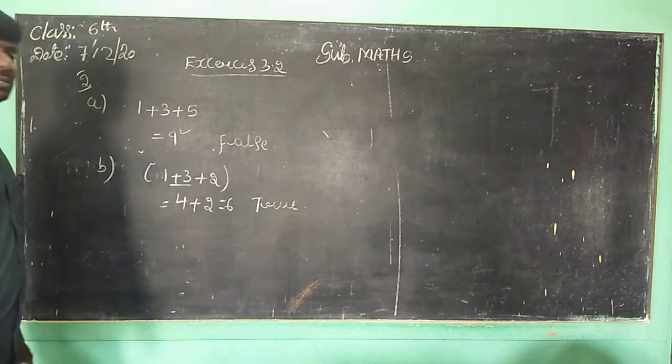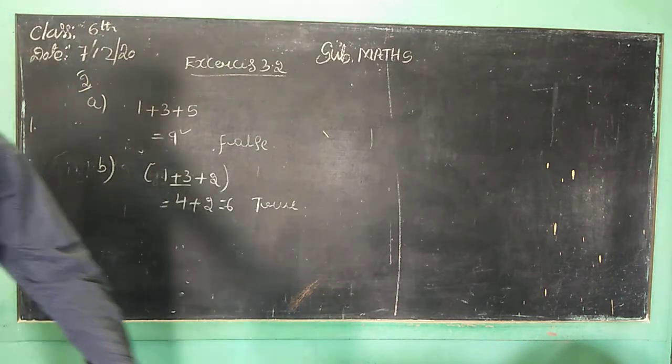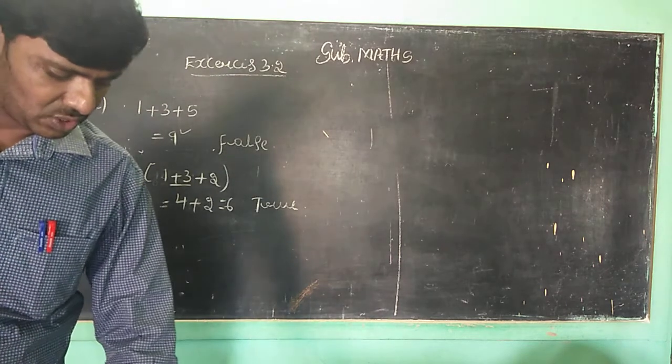Sum of two odd numbers and one even number: 1 plus 3 plus 2. Correct, children? 1 plus 3 is 4, and 2 is an even number. You add 4 plus 2, equal to how much? 6. This is an even number. Yes, this statement is true, children.